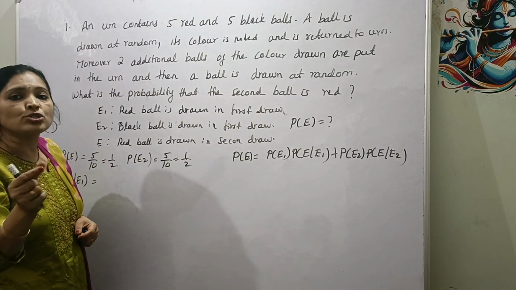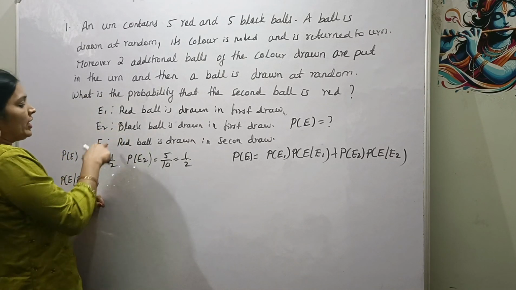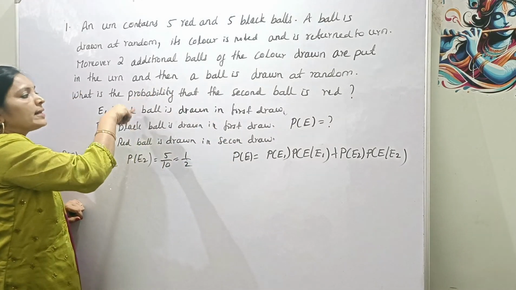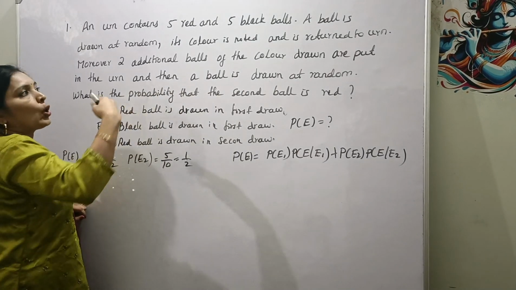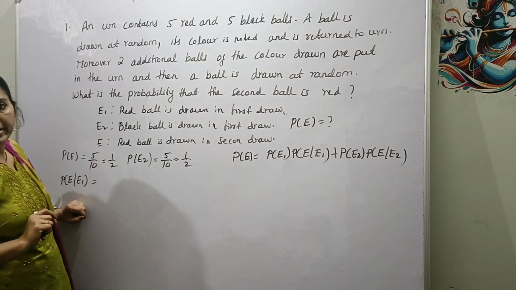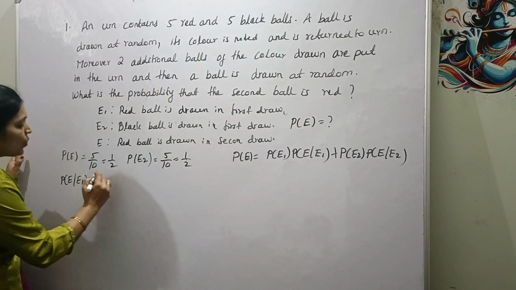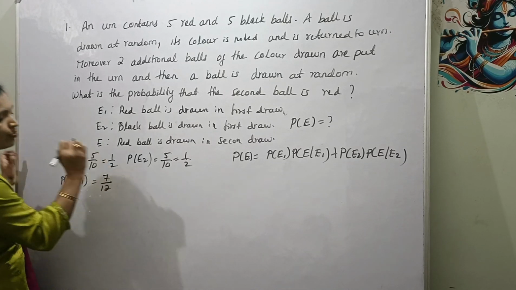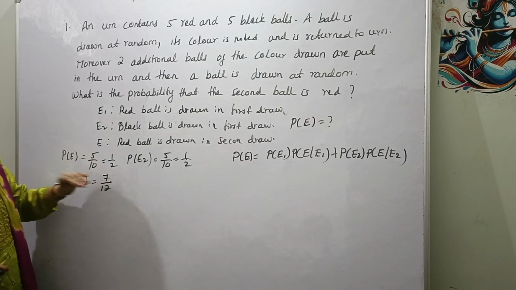Moreover, 2 additional balls of the same color are also added. Initially it was 5, plus 2, that is 7 red balls. So 7 divided by a total of 12 balls. Probability of E given E1 is 7 by 12.